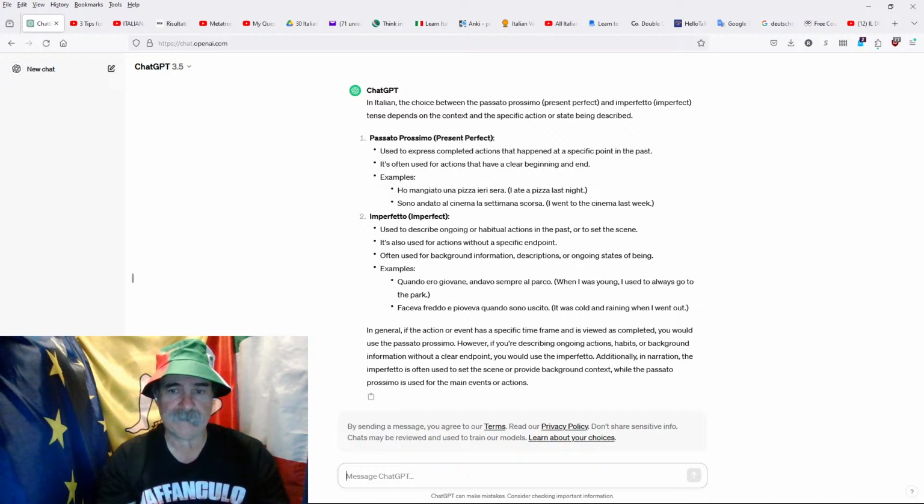However, if you're describing an ongoing action, habits, or background information without a clear endpoint, then you would use imperfetto. Additionally, in narration, the imperfetto is often used to set the scene or provide background context, while passato prossimo is used for the main events or actions.